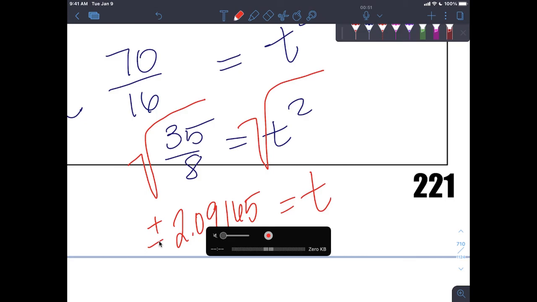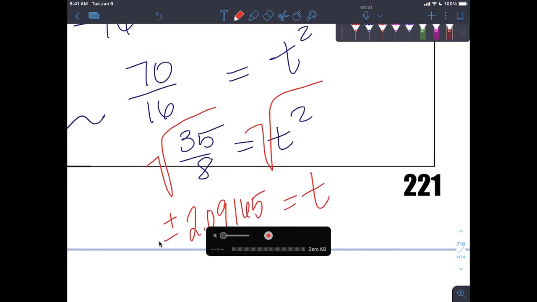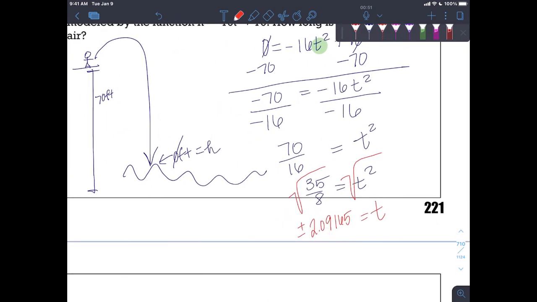Now, this is where you kind of have to think a little bit outside of the box. Have you ever done anything that has taken a negative amount of time? No. That means that my proper answer is only the positive solution. So my answer is they're going to spend approximately 2.09 seconds heading down to the river or ocean.